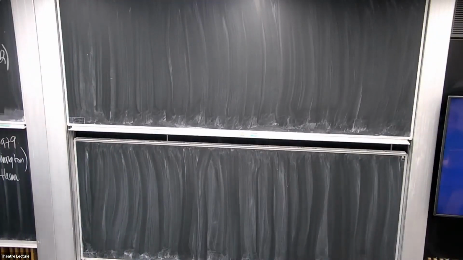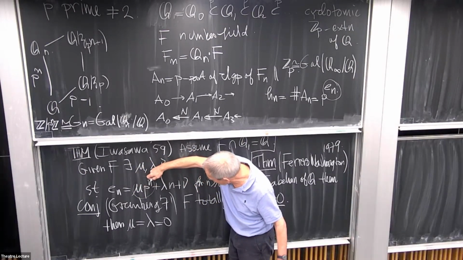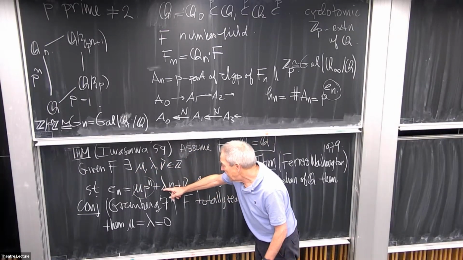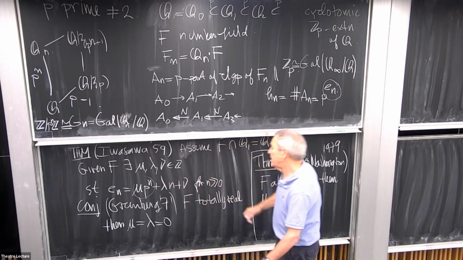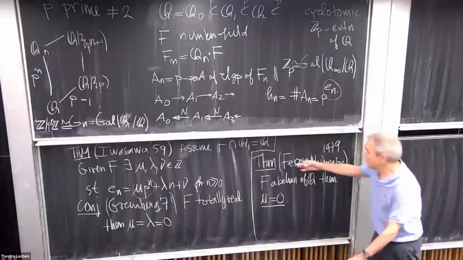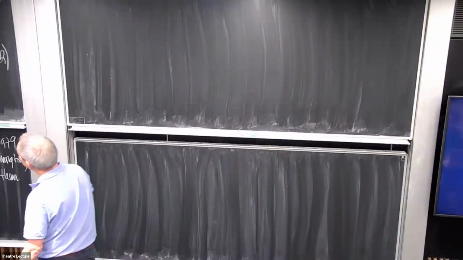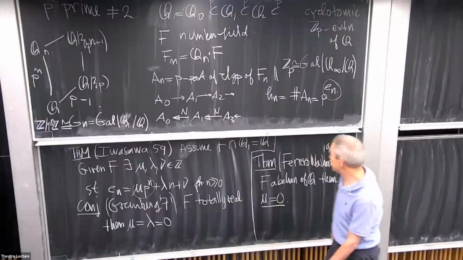Of course, mu is the coefficient of a very rapidly increasing function of n, and lambda is the coefficient of a somewhat less rapidly growing function. So this says that the class groups do not really grow extremely fast if F is an abelian number field, and if the Z_p extension is the cyclotomic Z_p extension.